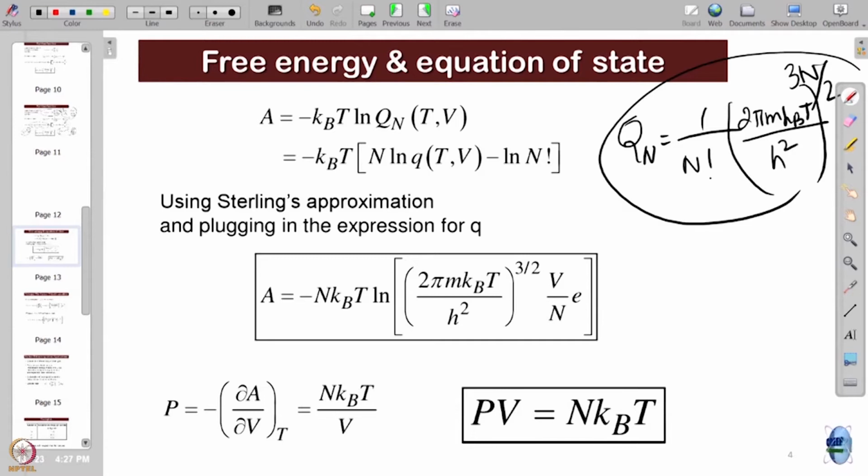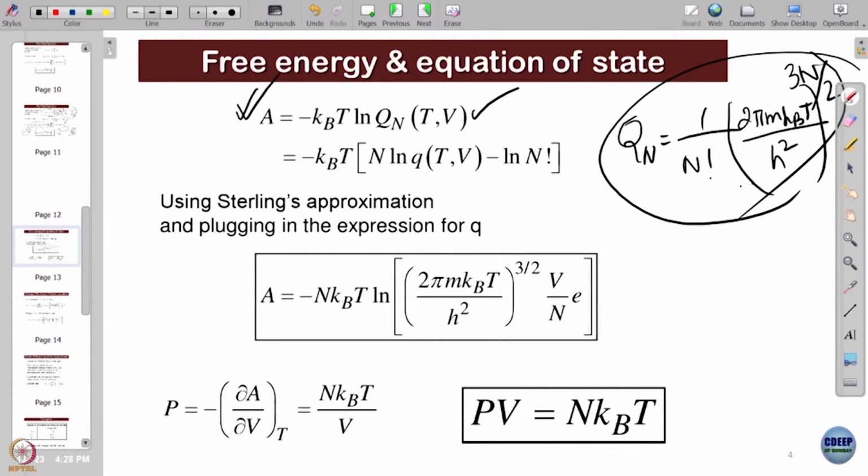This is the partition function. Now we know from the canonical ensemble, which we did in lecture 4 or 5, that the free energy equals minus kBT ln Q. So now we can put this Q in.